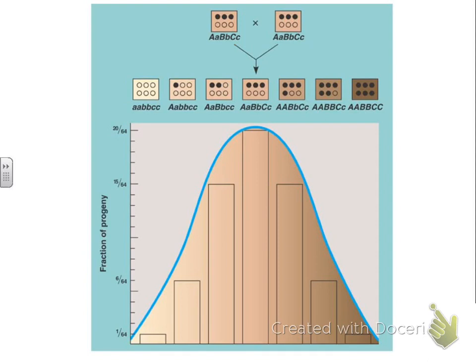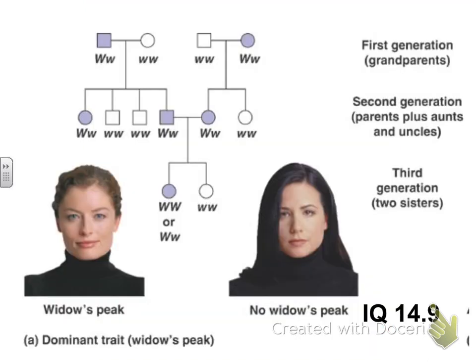You will be running across a few instances where you'll be analyzing some pedigrees. Now, I know you've seen pedigrees already in regular biology, so this is just a quick review. Remember that when you're looking at a pedigree, squares are males and circles are females. And you're looking at the various different generations as you move down the pedigree.